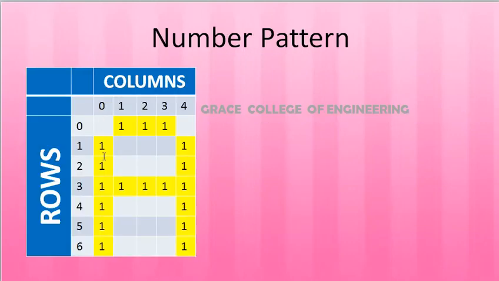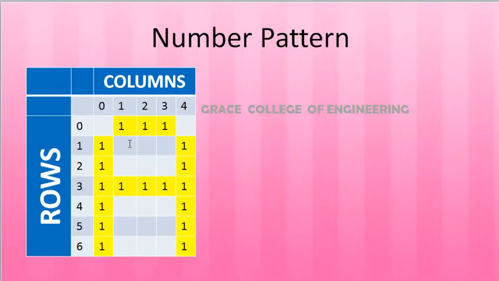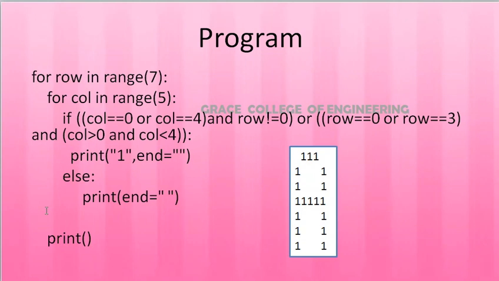See here, I already printed in the 0th column, so it is not needed. So column must be greater than 0 means it starts from 1. And next, the column must be less than 4. Less than 4 means the 4th column also I already printed, so up to 3 it will be taken. Okay, so this is a condition.